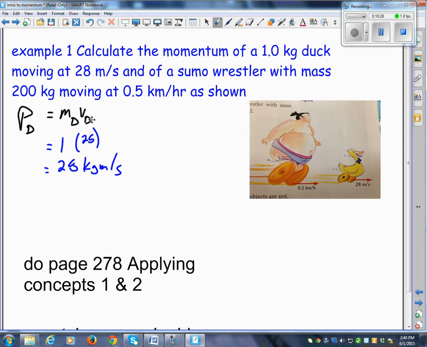Tough luck. Okay. Now what about the sumo wrestler? Now you'll notice the mass is 200 kilograms, but what's the speed? 0.5 kilometers per hour. Does it need to be in meters per second? It sure does. So step 1 is going to be take 0.5 and divide by 3.6.